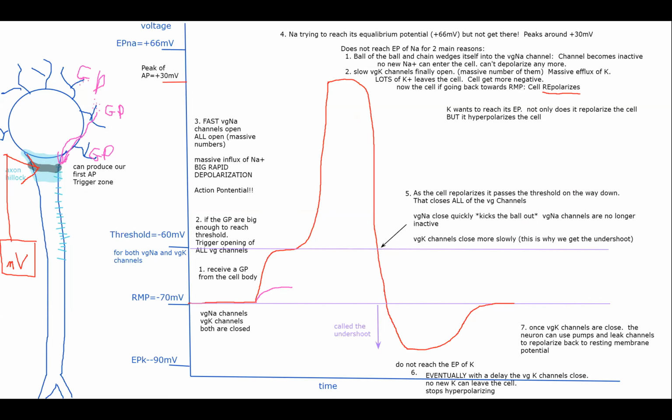Is this a potential essay question? I, in fact, guarantee that this will be an essay question. Let me rephrase that. There are basically three main action potential questions. This is how we produce an action potential, right? That's the key here.